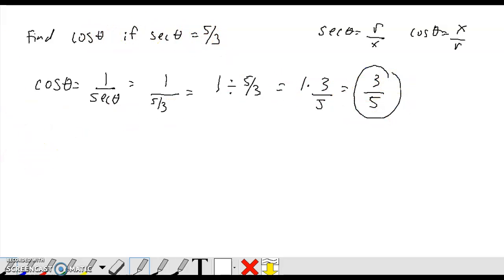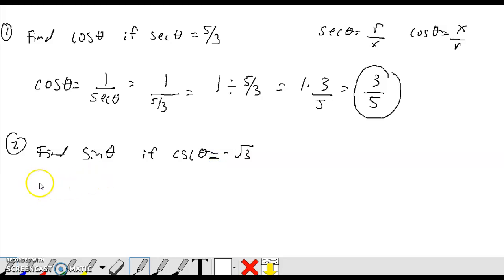All right, let's try another one just for fun. Find sine of theta if the cosecant of theta is equal to negative root 3. What do I know? Sine of theta is 1 over the cosecant of theta, so 1 over negative root 3.